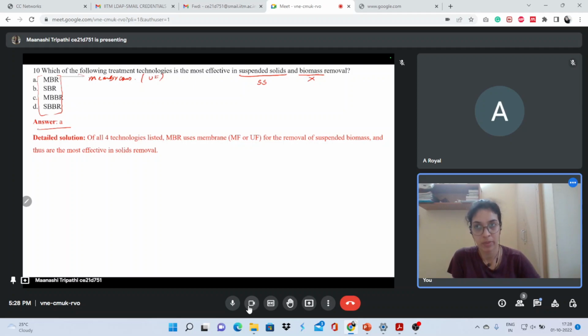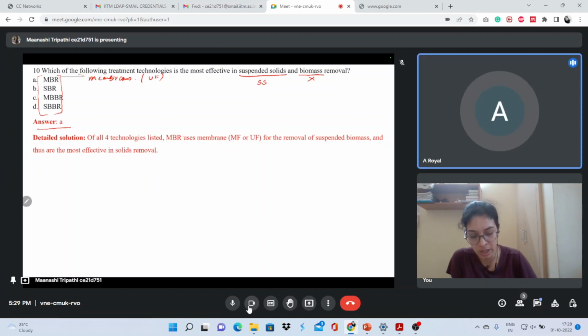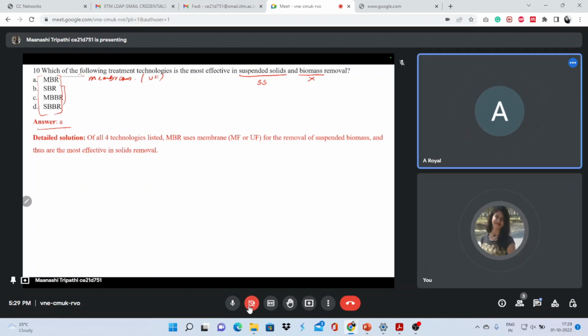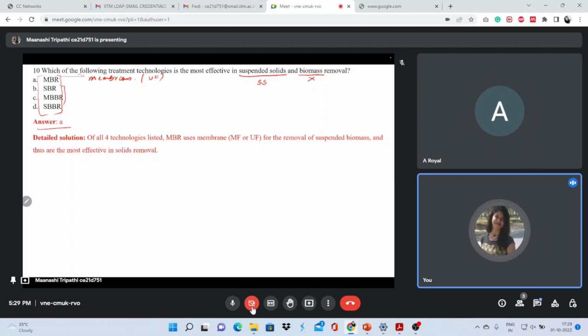In the other technologies, membranes are not being used. We are not using membranes. Only in MBR are we using membranes.